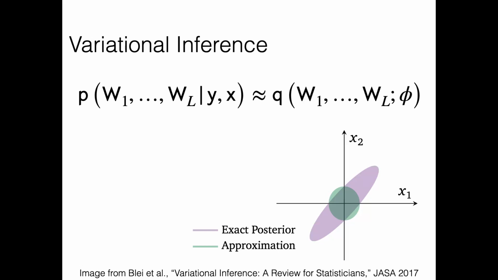And so in this example, if the exact posterior, the true underlying posterior, is this purple elongated shape, and we just pick a normal distribution that's spherical, that has just a single variance parameter, you might get a solution like this, right? Sure, it captures something about the true posterior, but clearly there's some approximation error as well.